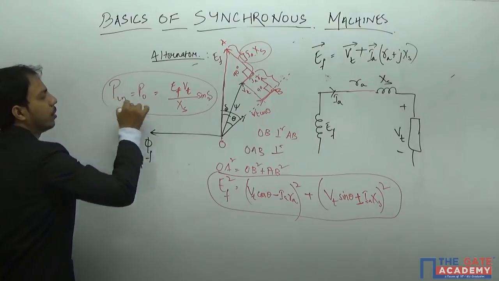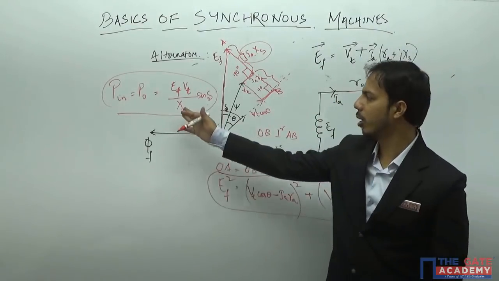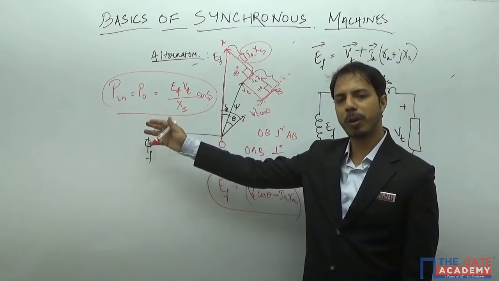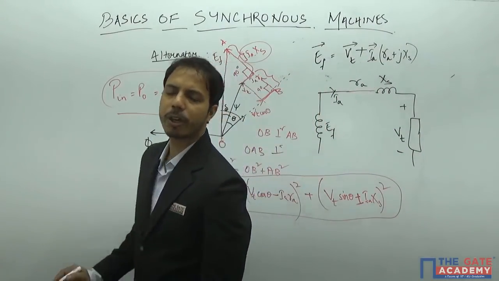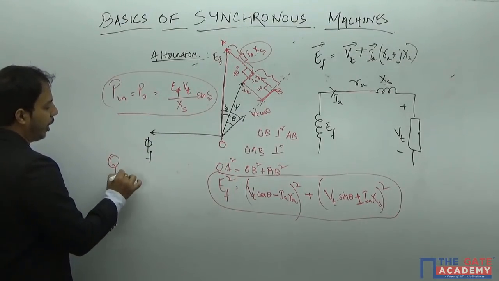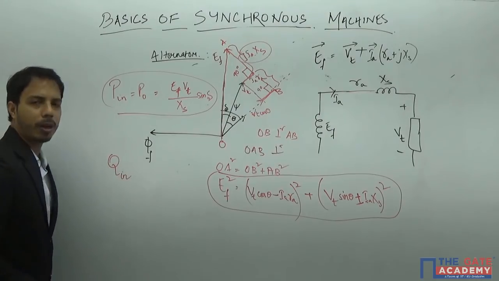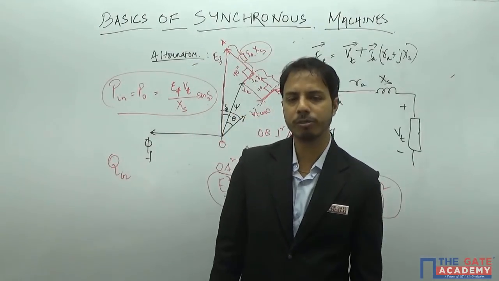Okay, this is the power. Whether it is a motor or generator, or input power or output power, the expression is the same. Similarly, you can find out the reactive input power of the motor or reactive output of the generator.